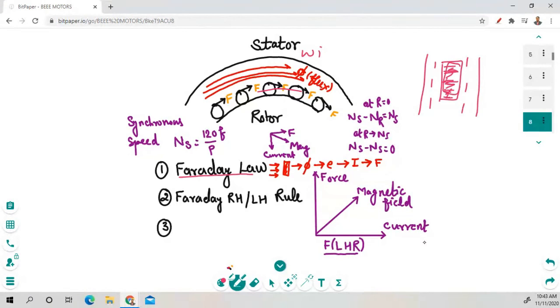When you place a conductor inside the magnetic field, it experiences a force. This is the principle applied right here. Inside this rotor there is also winding placed, and when this magnetic field is produced across this three-phase winding, it experiences a force.